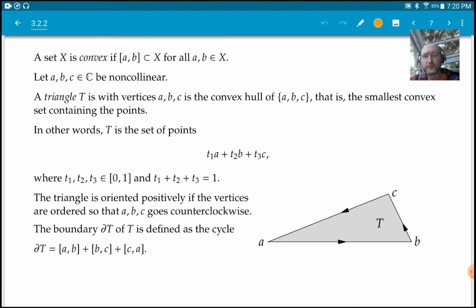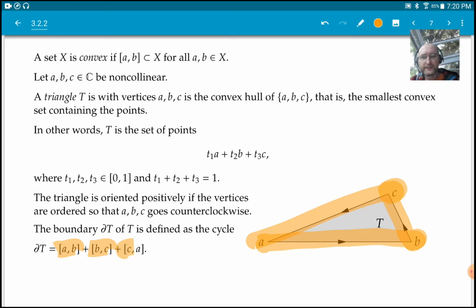And so one way to write it is to write it as a chain, right? Starting from A going to B, that's AB, and going from B to C, that's BC, and then going from C to A, so CA, right? So that's giving you the boundary as a cycle.